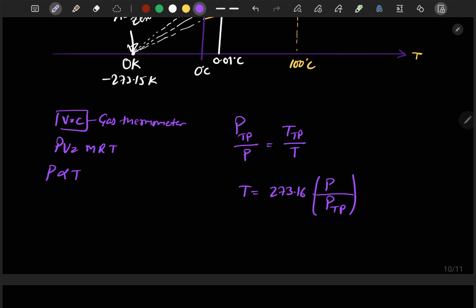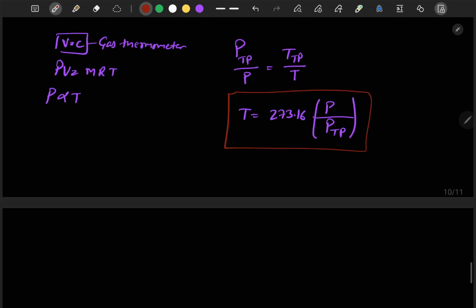Okay, so using this relation, we can calculate the temperature at any pressure. Okay, so next we will move to chapter 3.